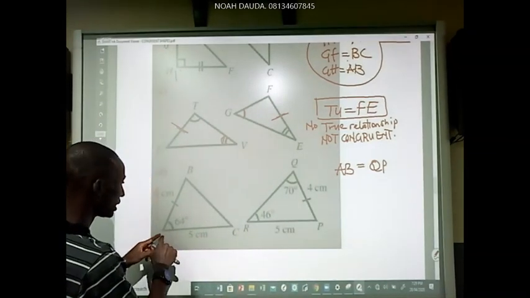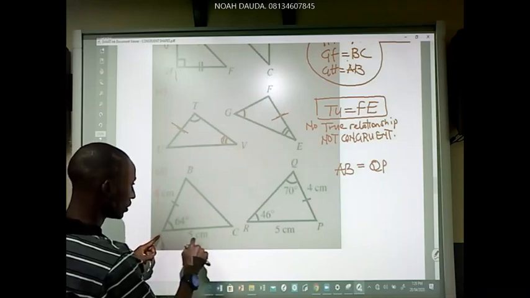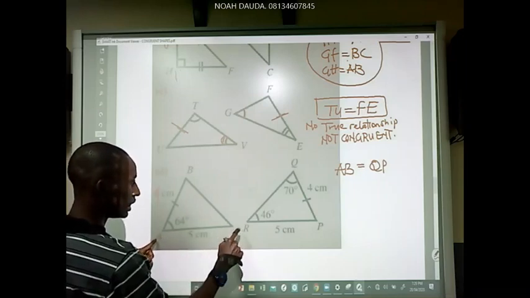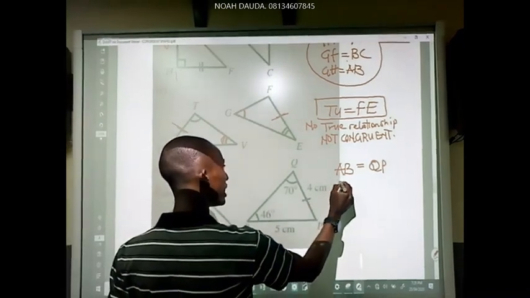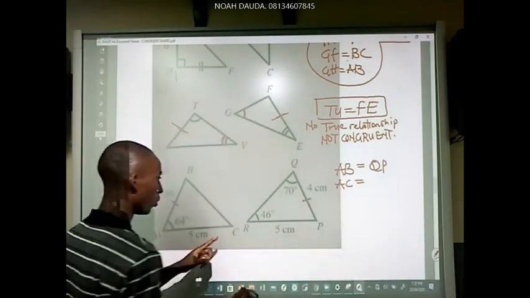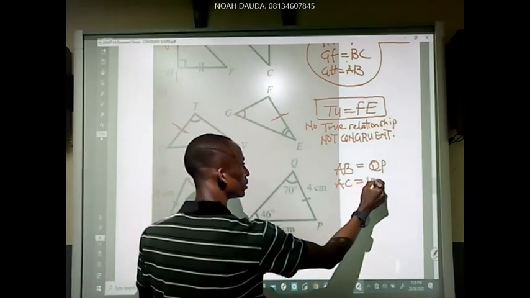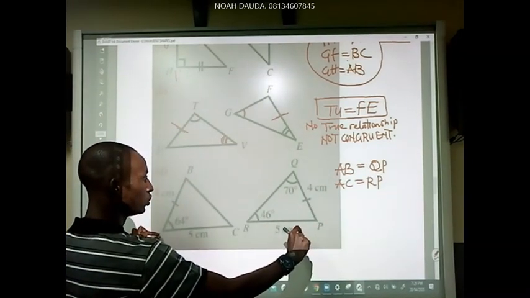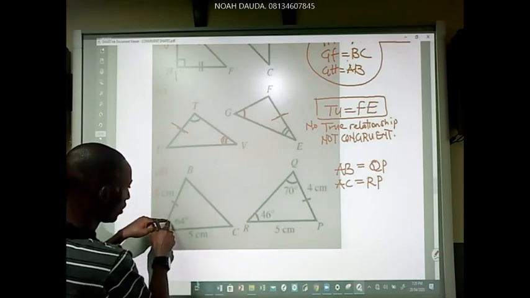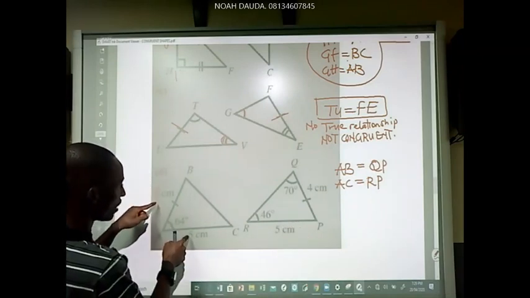Now let's take a look at AC. AC is 5 centimeters and RP is 5 centimeters. It means that AC is also equal to RP. So that means this is true. And do not forget that this angle 64 is in between 4 and 5.